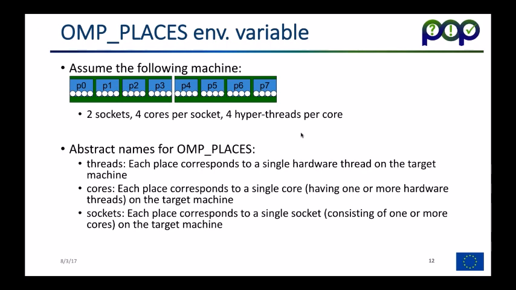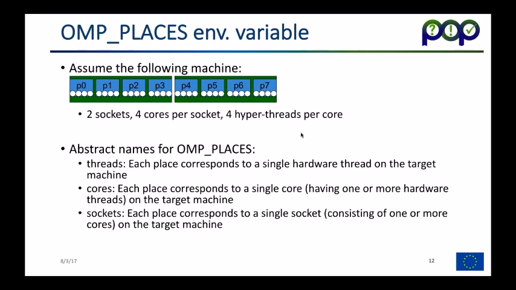So it means we would have 4 times hyperthreading per core. If you set the OMP_PLACES environment variable to threads, your OpenMP program would see the machine as 2 sockets times 4 cores times 4 hyperthreads per core places in total. And you can individually bind the threads to every logical thread or hyperthread in the system.